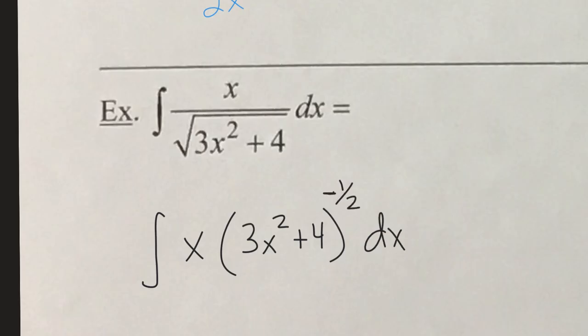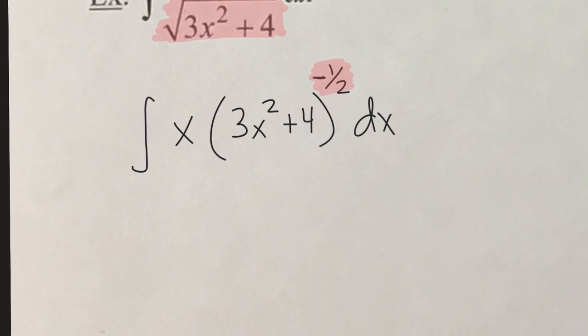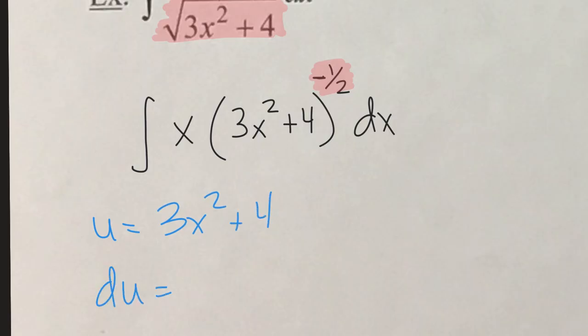Anytime we have this square root, that is being raised to the 1/2 power, but because it's in a denominator, it's being raised to the negative 1/2 power, because we want to have everything written as a power rather than any radicals. Okay, so we're letting u be 3x squared plus 4. Take the derivative, 6x dx, solve for dx.